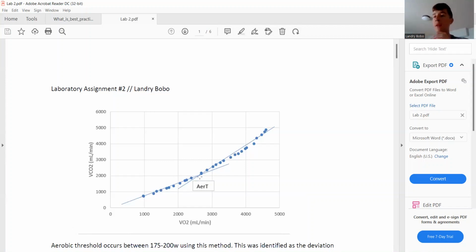But right around this aerobic threshold, things change a little bit. You'll notice I actually start to breathe out more CO2 than I'm consuming oxygen. Why did that happen? Where is all of that extra CO2 coming from?